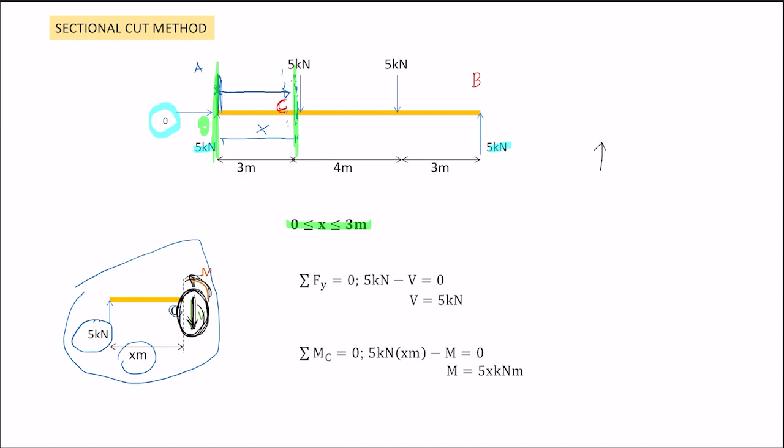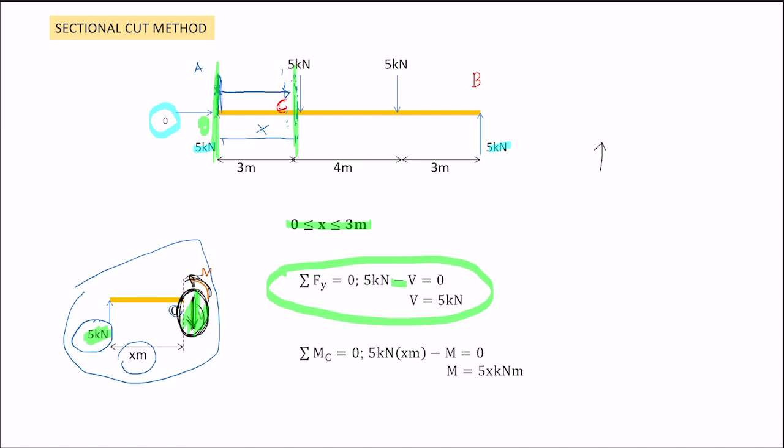Now we can calculate the shear force and moment reaction from the beam that we cut. For the vertical force or shear force V, we calculate first. The sum of forces in y, Fy, is equal to 0. We have one force going up, so 5 kilonewton positive, and our vertical force here, the shear force, is going down, meaning it will be negative, equals 0.